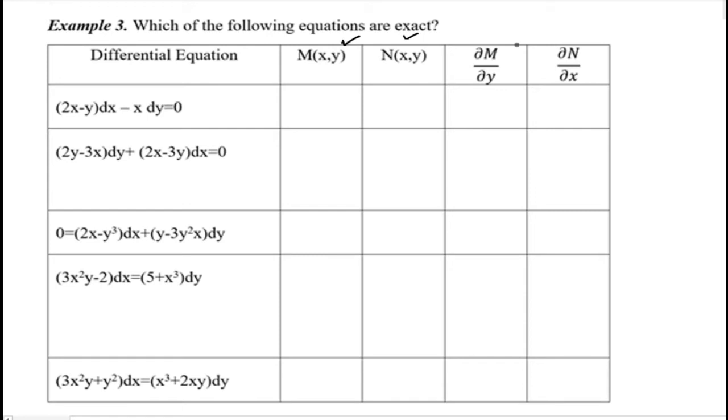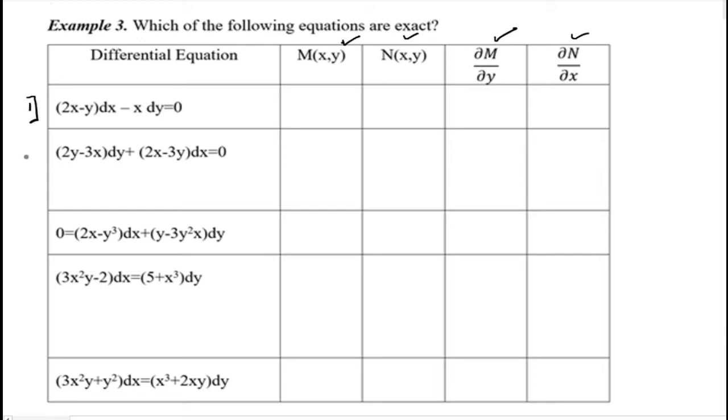Next, obtain the partial derivative of M with respect to y and the partial derivative of N with respect to x. Then, compare the two partial derivatives. If they are equal, then the differential equation is exact. Otherwise, not exact.